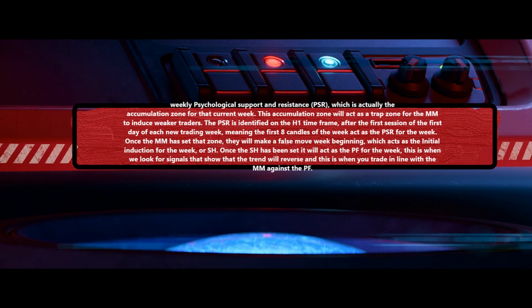The PSR is identified on the 1 hour time frame, which can be used on the 15-minute time frame. And then when it comes to the weekly, after the first session, we're going to be able to hopefully add on to the position, meaning the first 8 candles of the week and then toward the end of the week. Support, we're getting quick money. Once the market makers have made their move for that zone, for that session, they will make a false move at the week's beginning, which acts as the initial induction of the week.